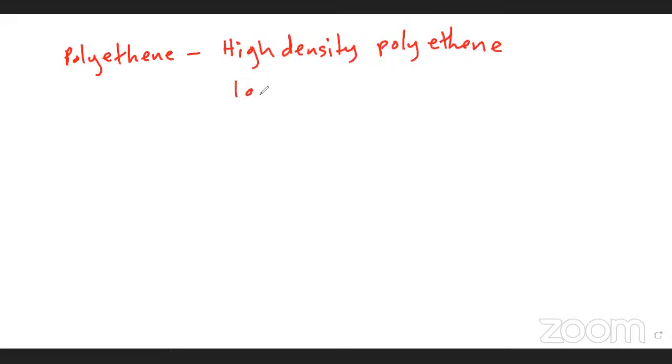So make sure that if you are looking for the uses, you don't just look for uses of polyethylene, because they can ask about the high density or the low density polyethylene. All right. So when you're looking at the uses, study them separately.